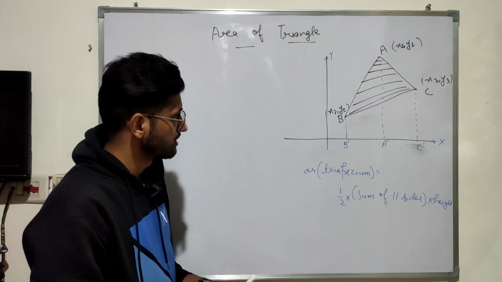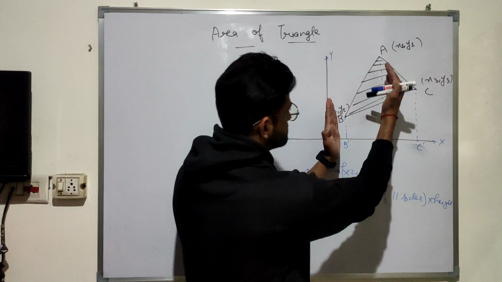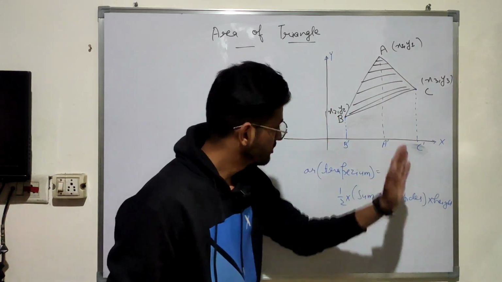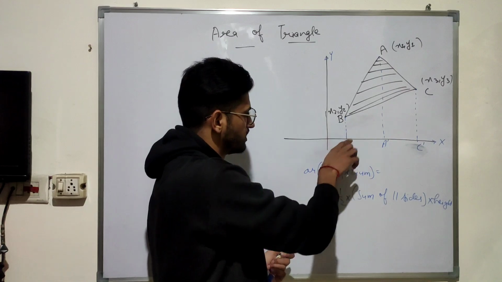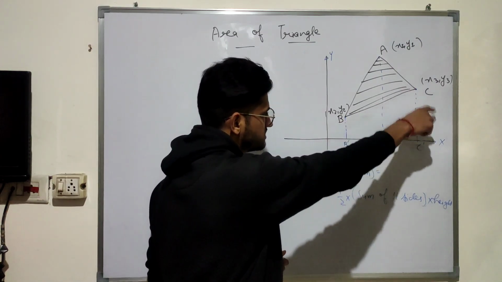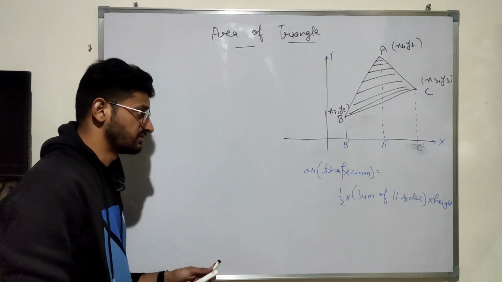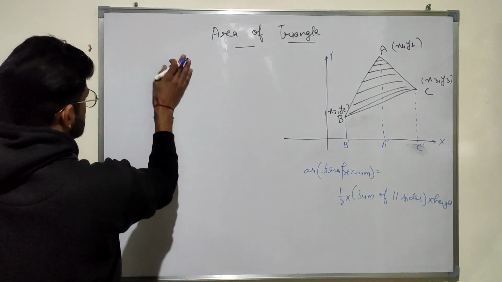So how we can write it is, we will find the area of the first trapezium, we will add the area of the second trapezium, and afterwards we will subtract the area of B'BC'. Let me write here, then only you will be able to understand it very clearly.